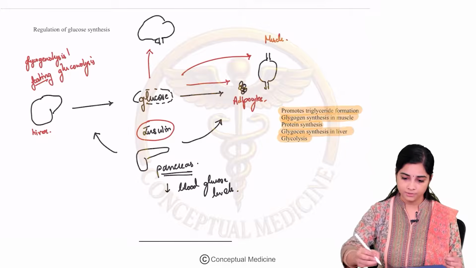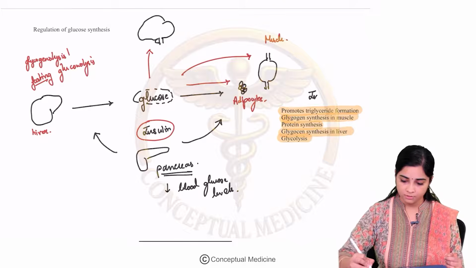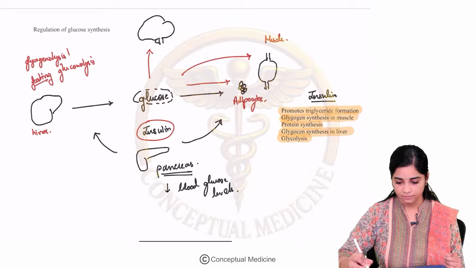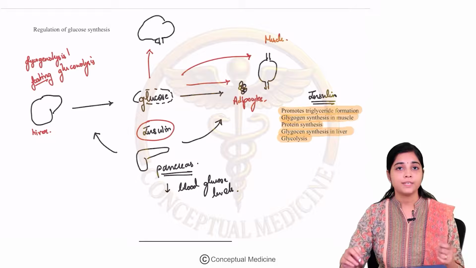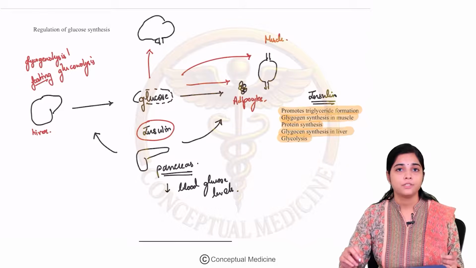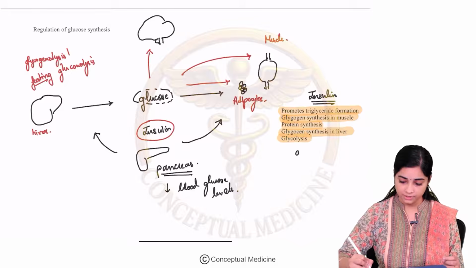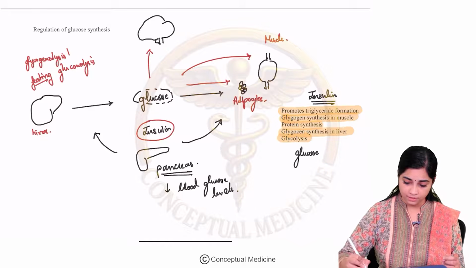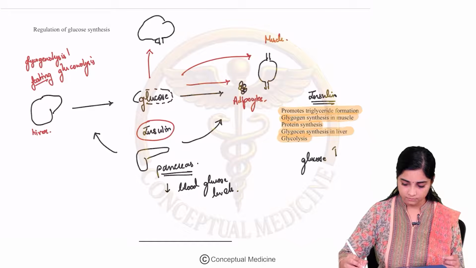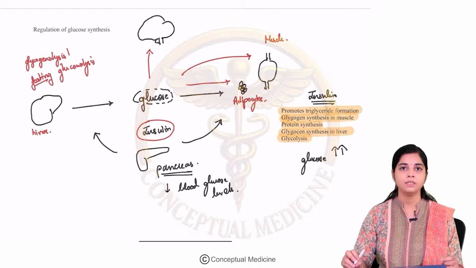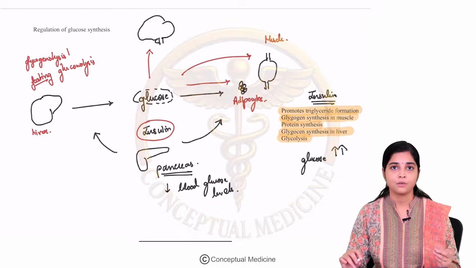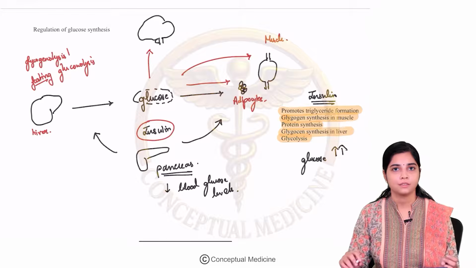And all of these processes are brought about by which hormone? By your insulin. Okay. So whenever there is an insulin deficiency, the blood glucose levels will increase. So this is about how your glucose levels are regulated in the body.